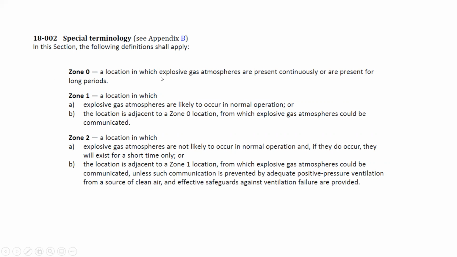Zone 0 is where we have explosive gas that's present continuously. Zone 1 is explosive gas likely to occur in normal operation, or something right beside Zone 0. And Zone 2 is that an explosive gas atmosphere is not likely to occur in normal operation, but if it did, it would be for a short time only. Or it could be a location beside a Zone 1.